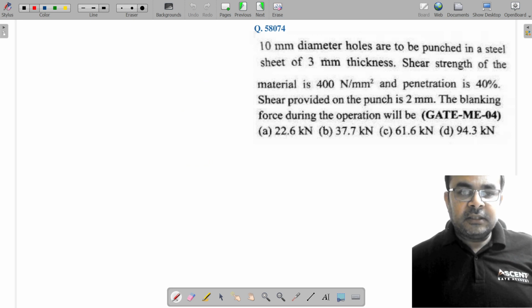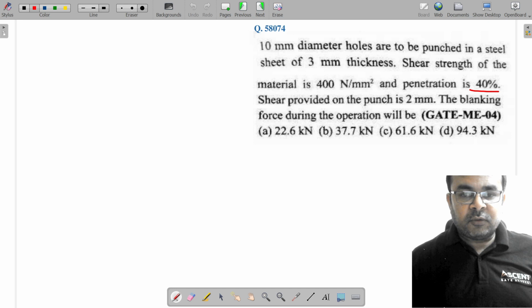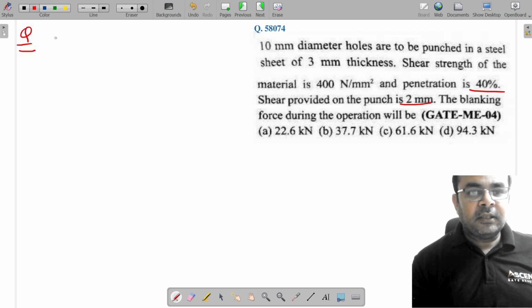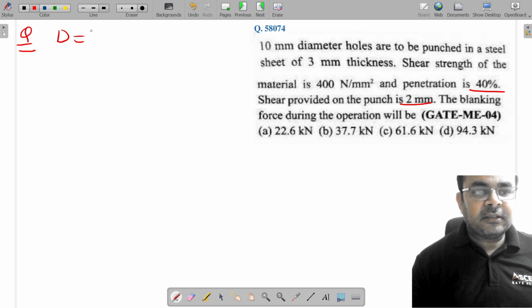Okay, so what about this question? A 10 mm diameter hole is to be punched in a steel sheet of 3 mm thickness. The shear strength of the sheet metal is given. Penetration is 40%, and the shear provided on the punch is 2 mm. So you can see in this question, the diameter of the blank is 10 millimeter, punched in a steel sheet of thickness 3 millimeter.